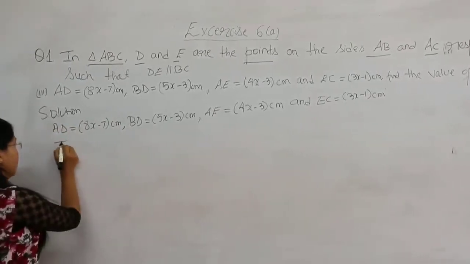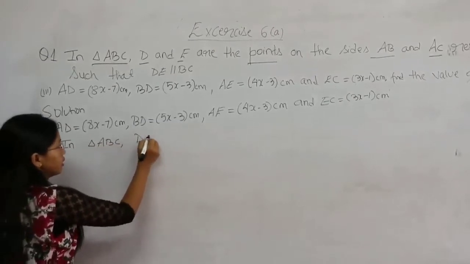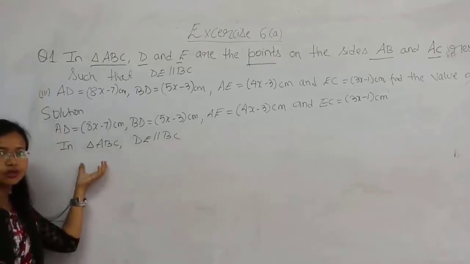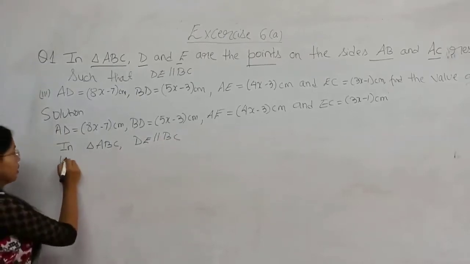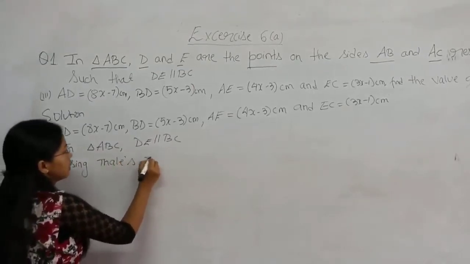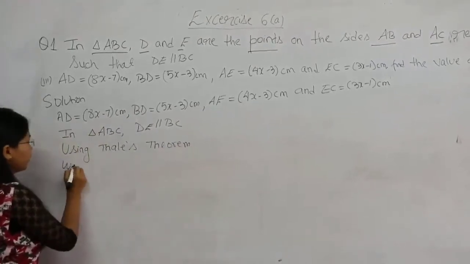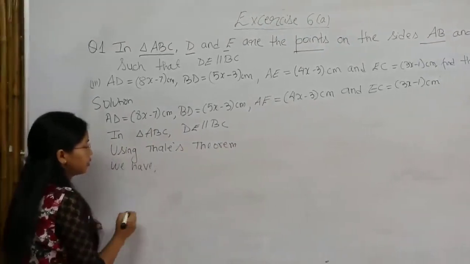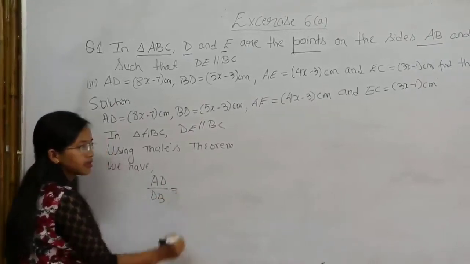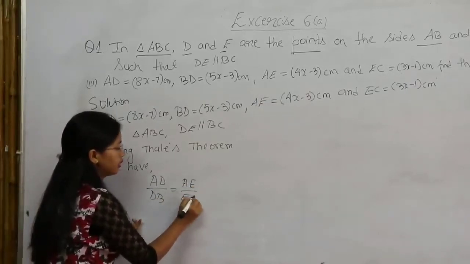Again, we have in triangle ABC, DE is parallel to BC. Again, using the Thales theorem, we have, the theorem states that AD by DB is equal to AE by EC.